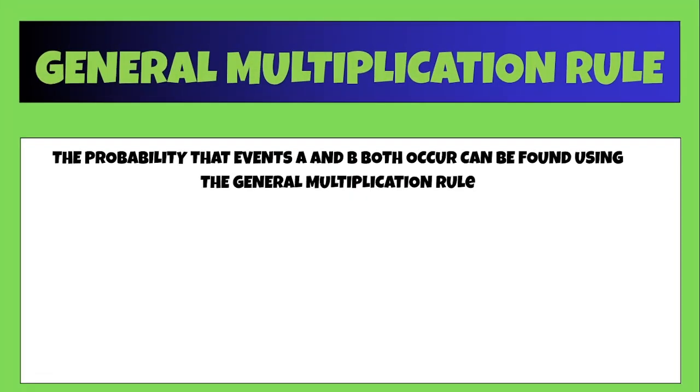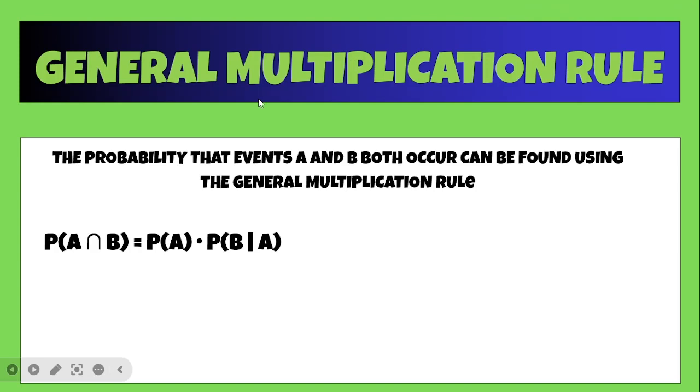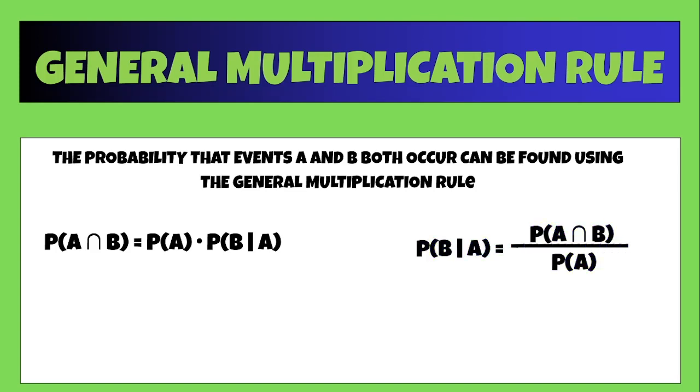Now, our next topic is the multiplication rule of probability. This rule is used for finding the probability of event A and B when it's not given, using the formula right here. The probability of event A and B is equal to the probability of event A times the probability of B given A. Now, the second use of this rule is to find how much one event will affect the other event, like using our formula here.